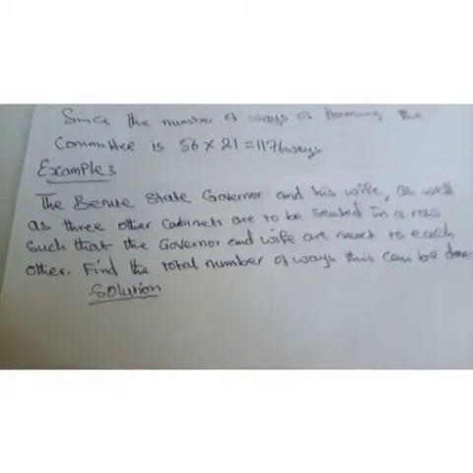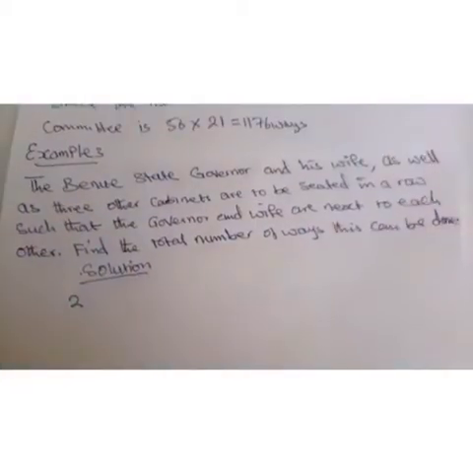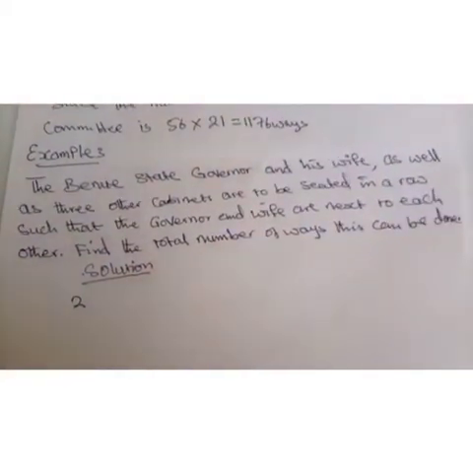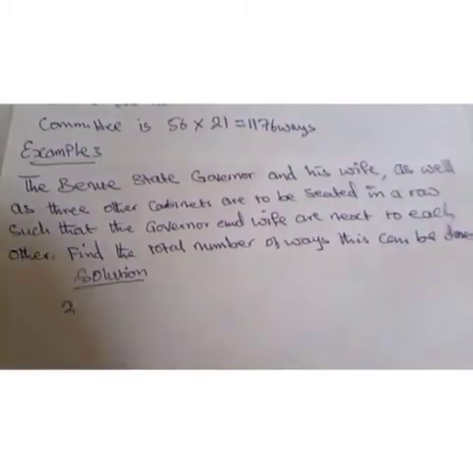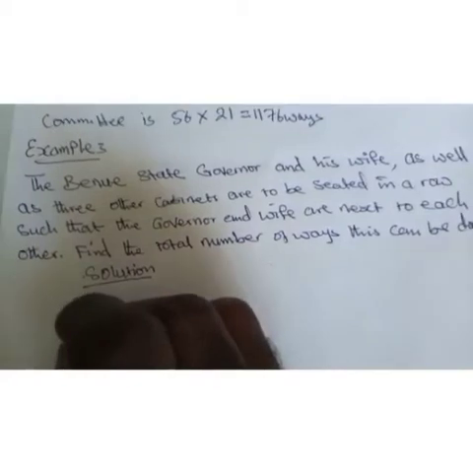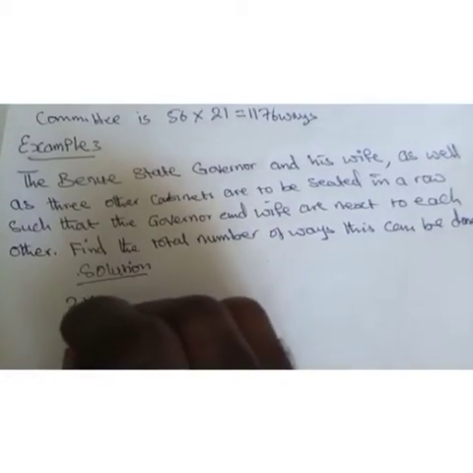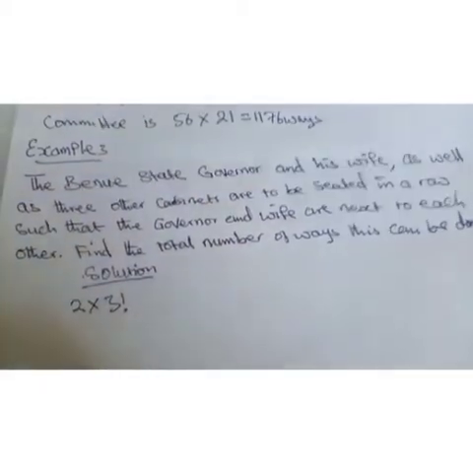So the governor and wife have 2 ways to be sitting there, so it will be 2. Now we are looking for the arrangement of the other 3. This one is fixed, and the other arrangement is for the 3, it will be 3 factorial.